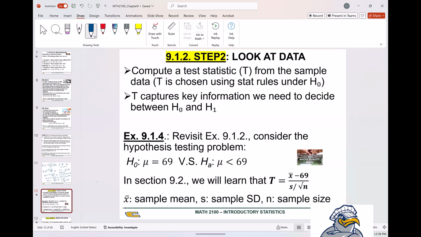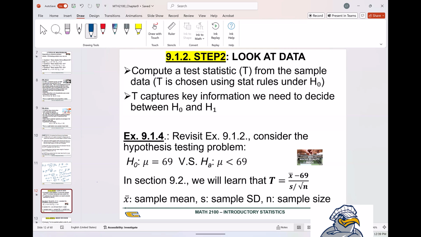In section 9.2, you learn that your test statistic is calculated using X bar, the sample mean, subtract 69, which is the value under the null hypothesis H naught, and divide by S, the sample standard deviation, divided by square root of n, the sample size. So that's the t we will calculate.